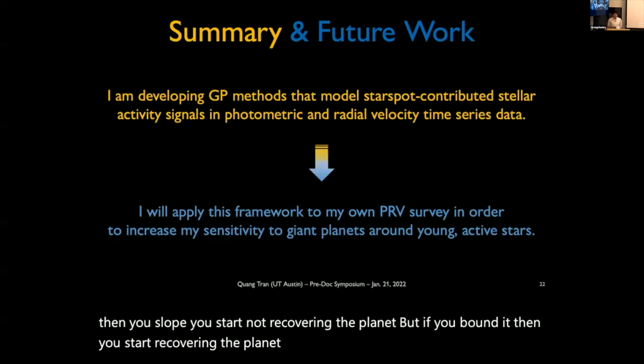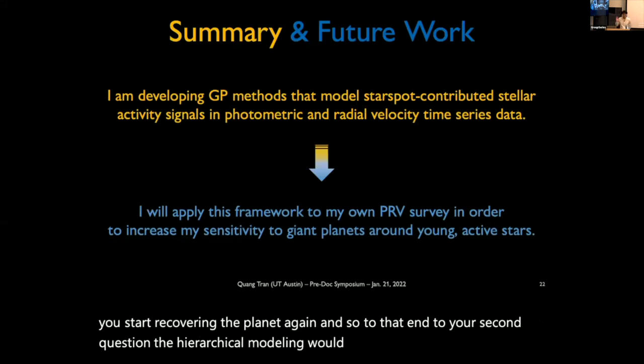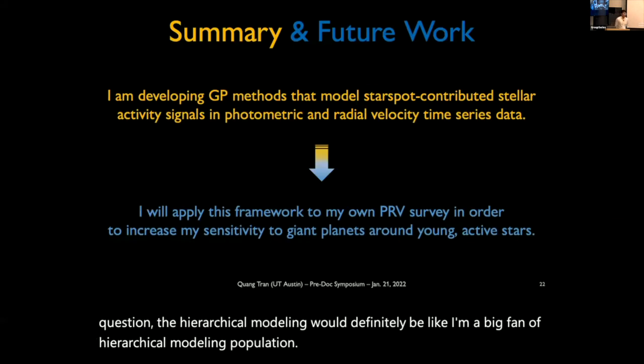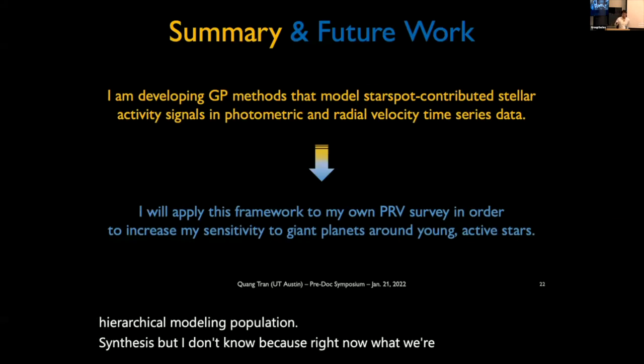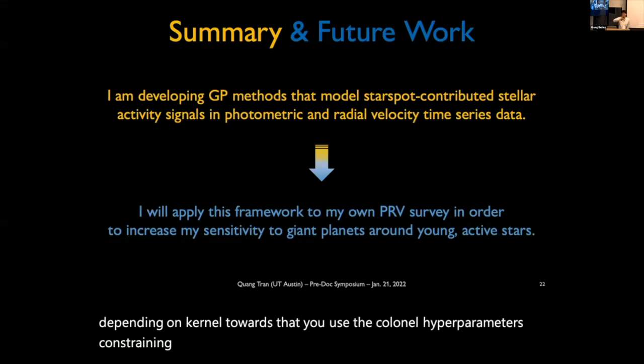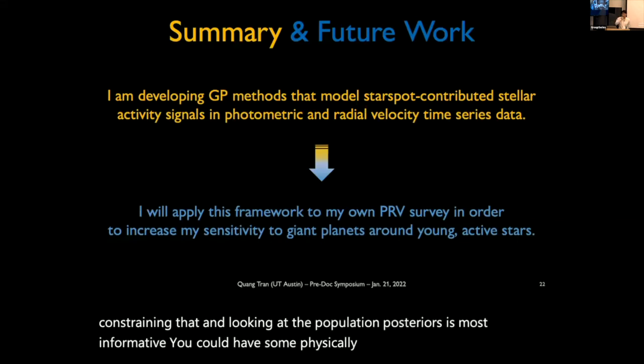To your second question, hierarchical modeling will definitely, I'm a big fan of hierarchical modeling and population synthesis, but I don't know, because right now, depending on the kernel choice that you use, constraining the kernel hyperparameters and then looking at the population posteriors is most informative if you have some physically intuitive kernel. I think that's tough.